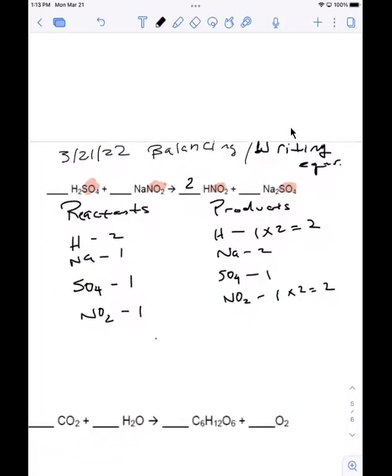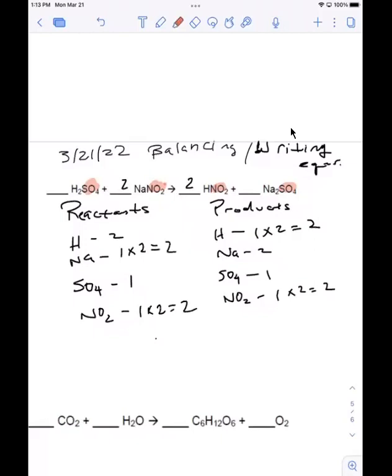All right. So now we're going to put a 2 here, and that's going to give me 2 sodiums, and it's also going to balance the NO2s.